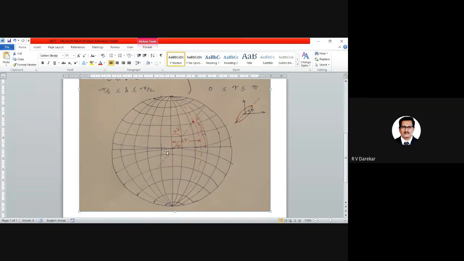In a very similar manner, the points which are located below the semisphere will be consisting of somewhat similar properties.